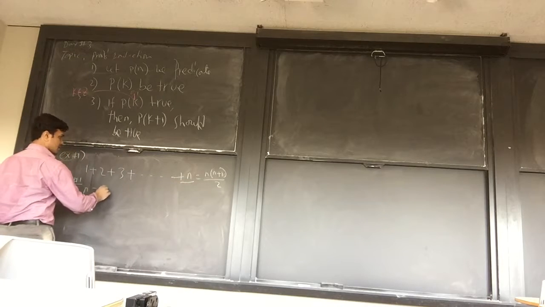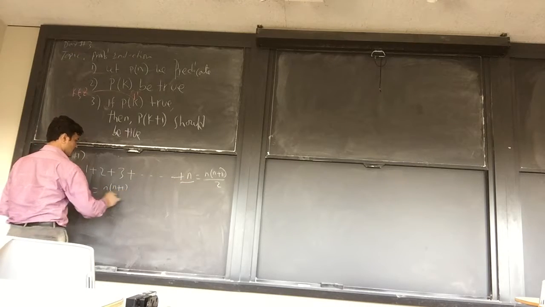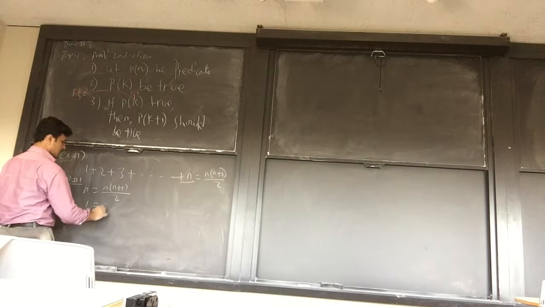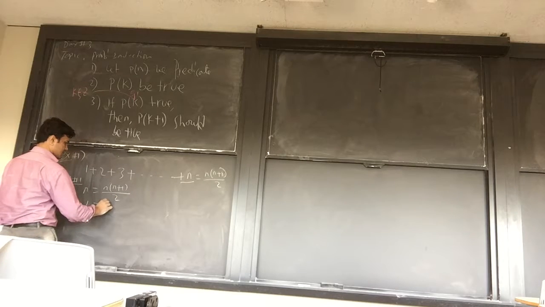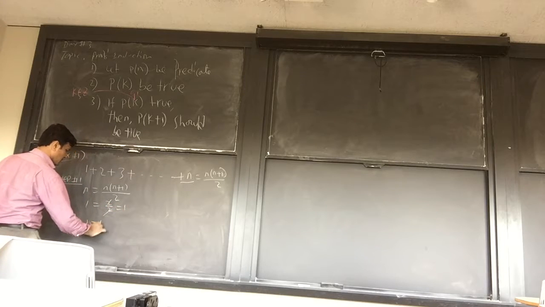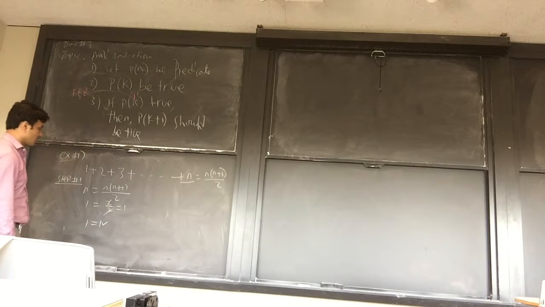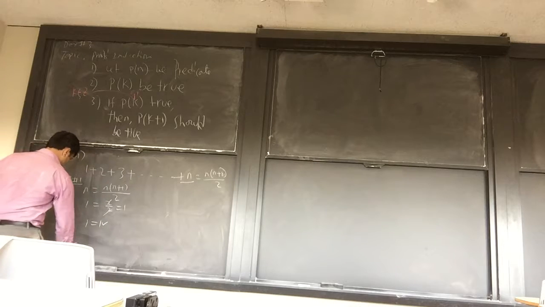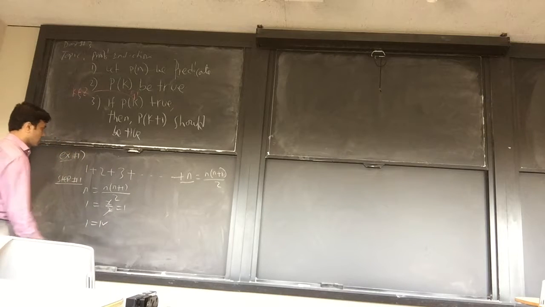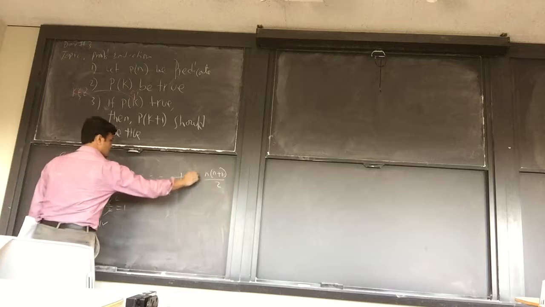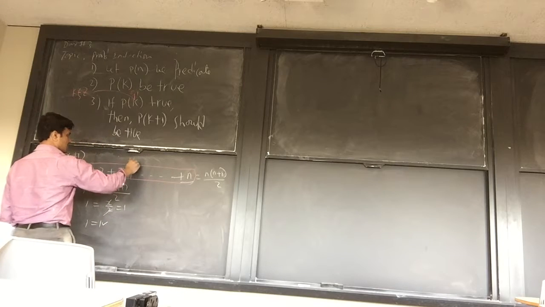So n(n+1)/2, for 1 is 2 over 2. So 1 is 1. So it works for 1. If it works for 1, it should work for k plus 1.